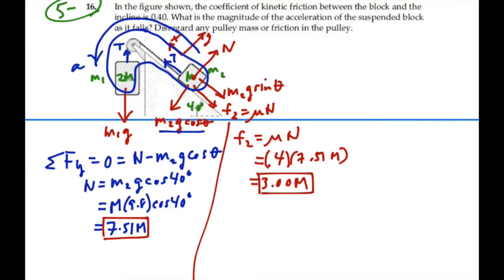And now if we were to write Newton's second law for the positive acceleration direction, the forward direction being positive, we've got this m1g making it go right at the start.